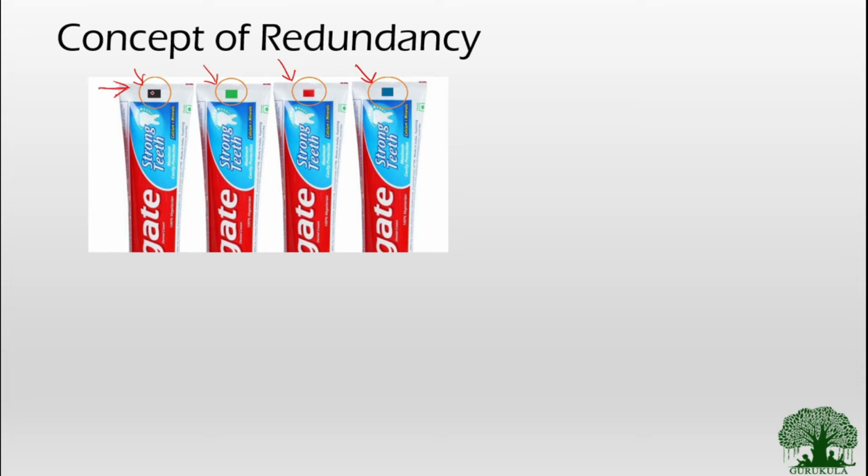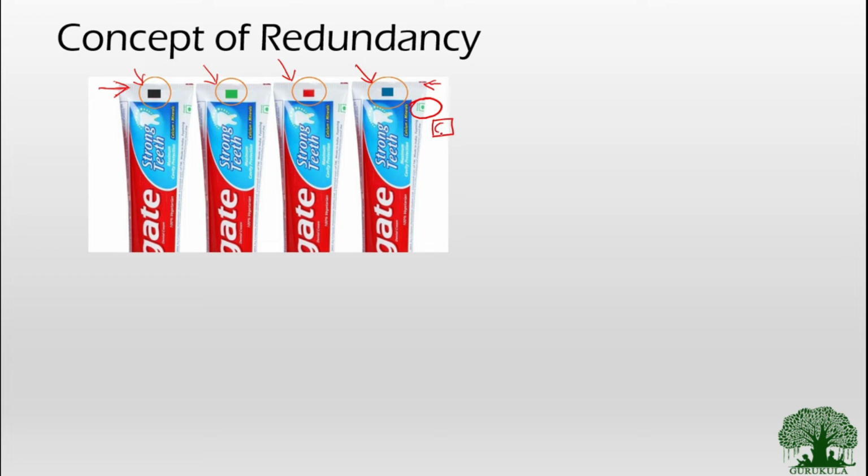So this information does not carry any useful content for human beings; it is meant only for the automated machines to inform them that they have to cut the toothpaste tube over here.